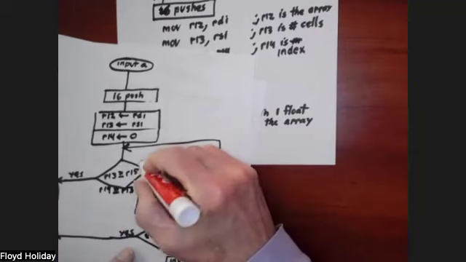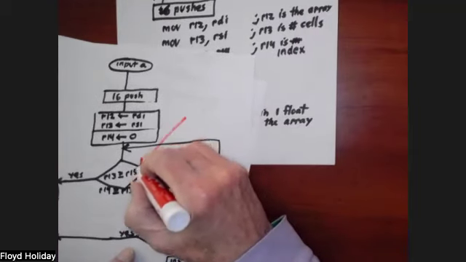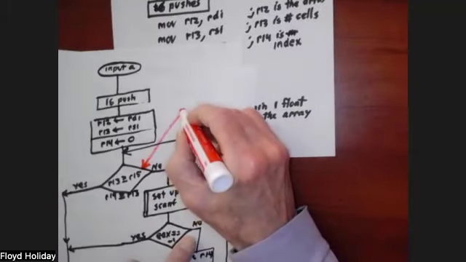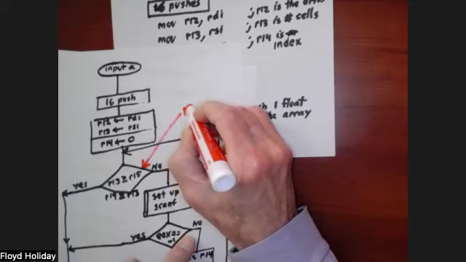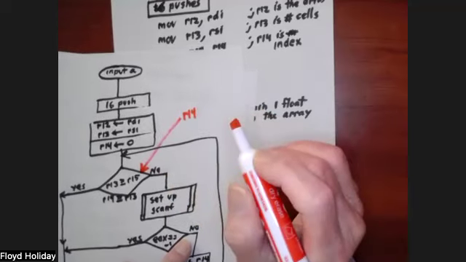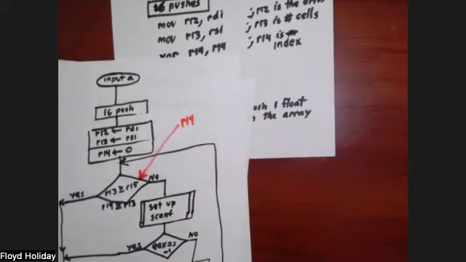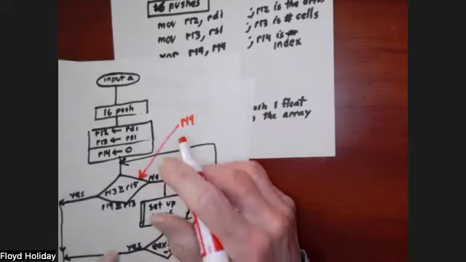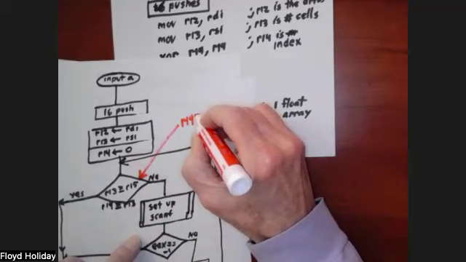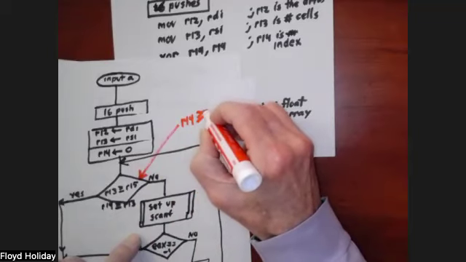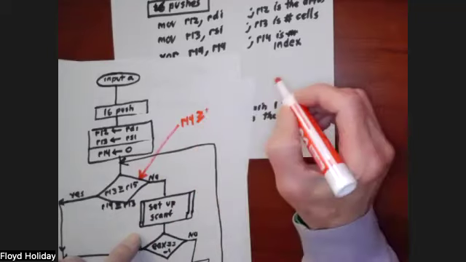So you play back the recording. This is supposed to be R14. That's the current count of numbers in the array. Are you greater than or equal to the number of values allowed in the array?